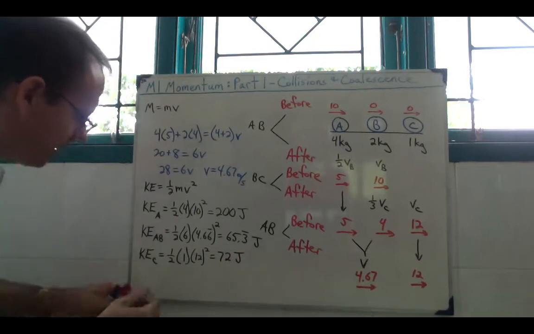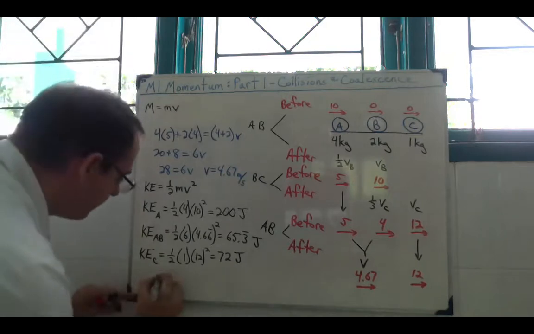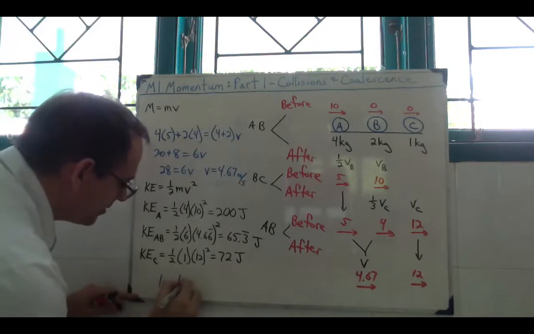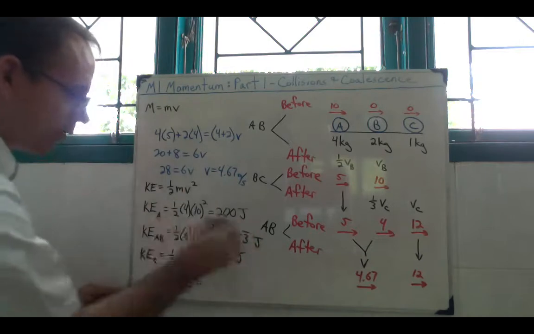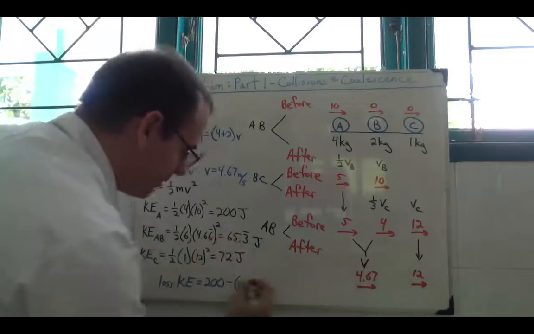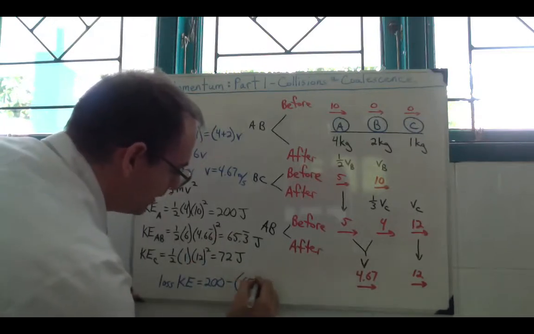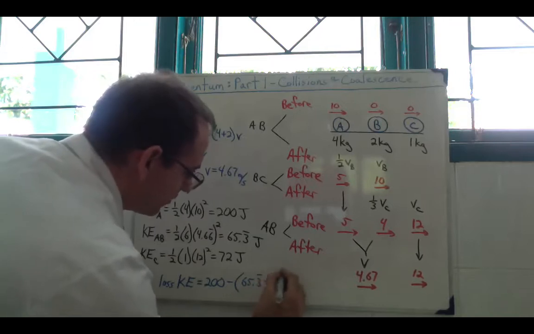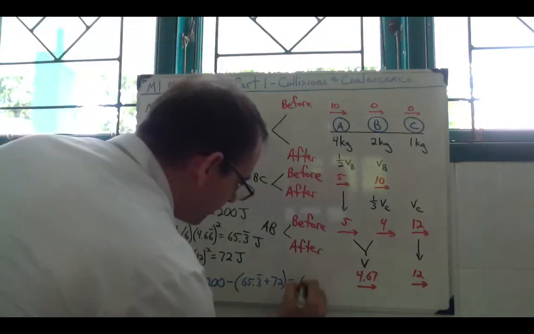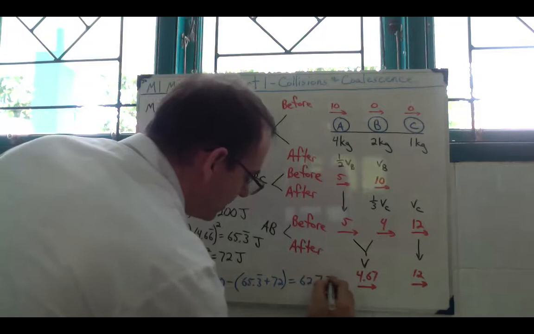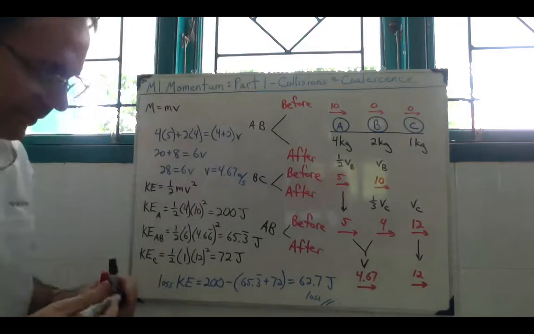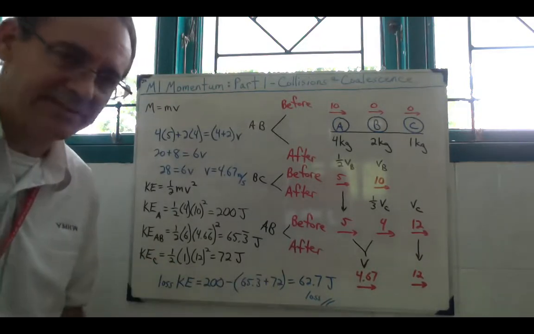So our total loss of kinetic energy equals what we started with at the beginning, 200, minus the sum of what we have here. So 65.3 plus 72. And when we work this out, we get a total of 62.7 joules. And again, this is a loss in our kinetic energy of 62.7 joules.